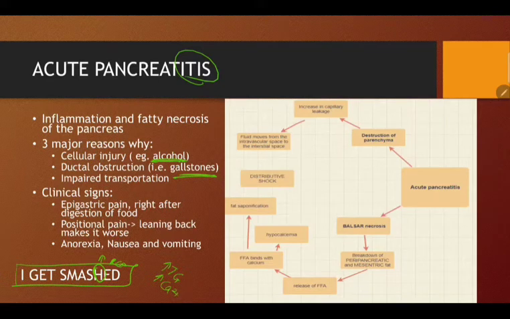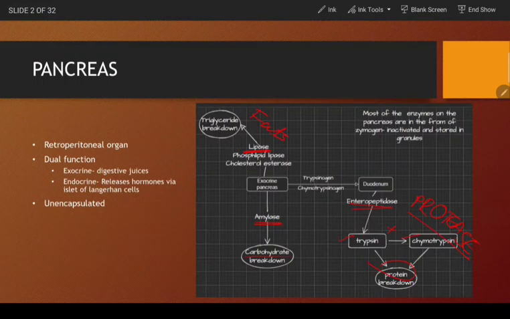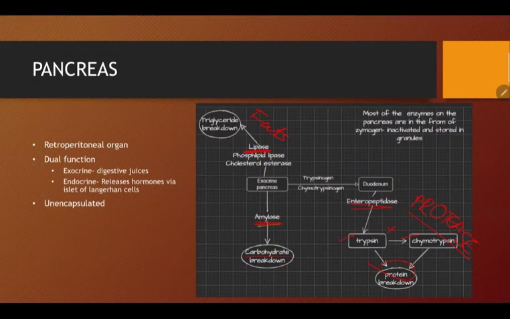One is a cellular injury. When I say cellular injury, I mean specifically acinar cells are affected. Acinar cells basically secrete the digestive enzymes I was talking about: lipase, amylase, and protease, right?